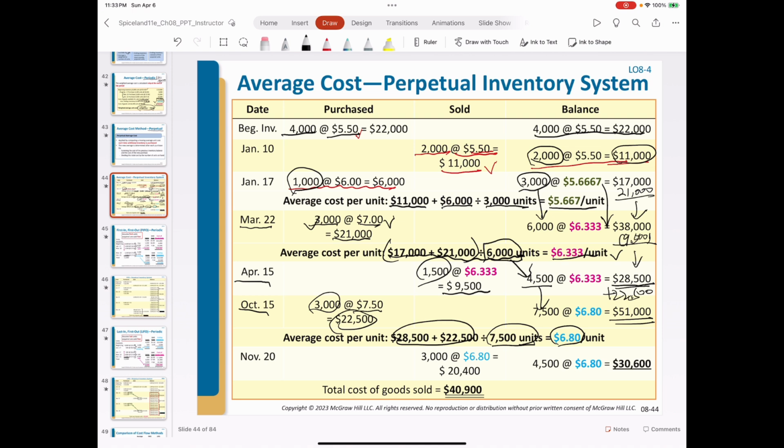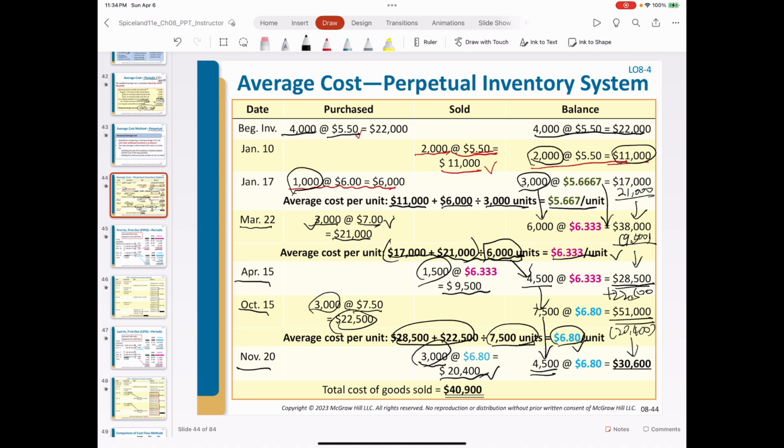Last but not least is the last sale. This sale is 3,000 units, and we use the average available. So the inventory value sold was 20,400. After this sale, the number of units reduced from 7,500 to 4,500 because there were 3,000 units out. And the value of inventory sold will be deducted from the balance.